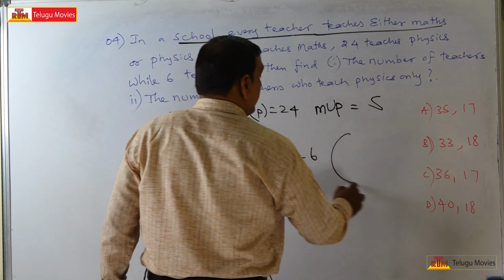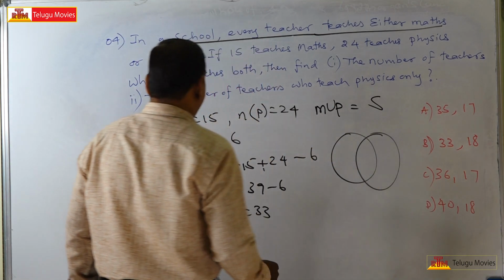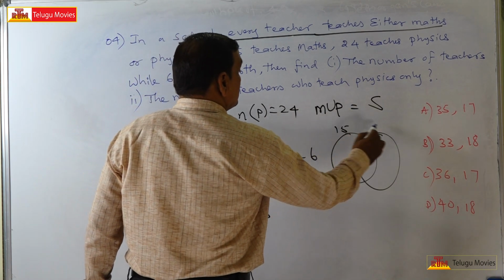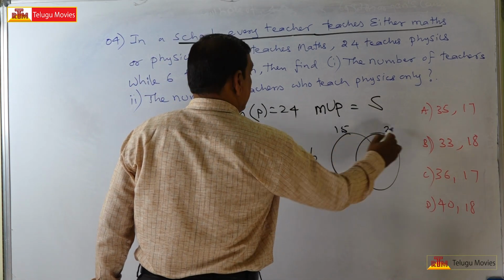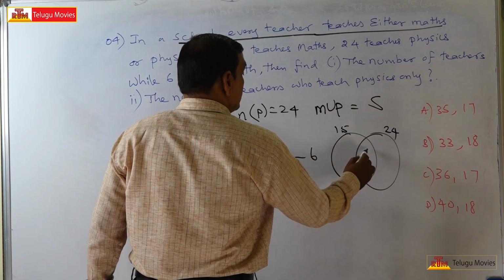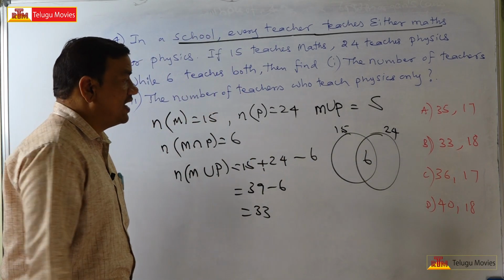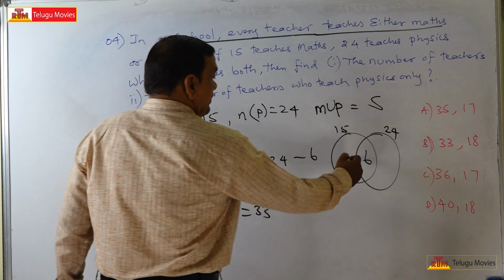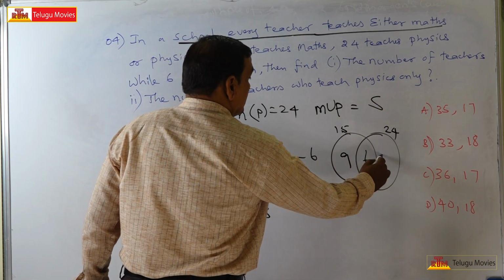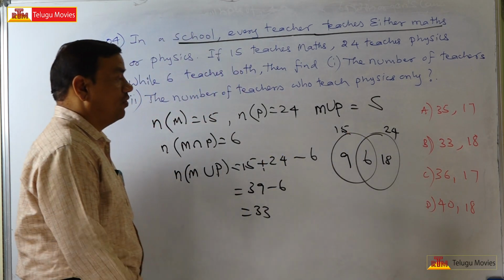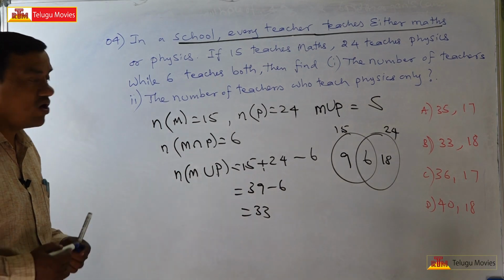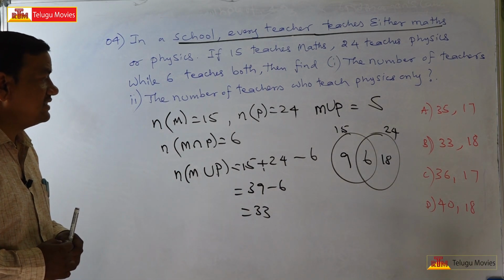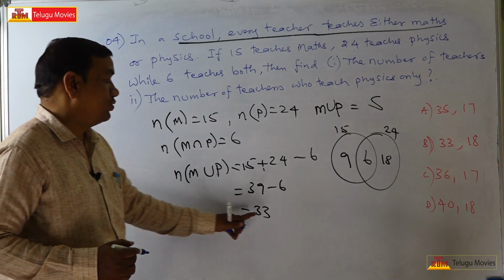If you draw the Venn diagram, this is physics and this is maths. The intersection is 6, and here you will get 9 and here you will get 18. So the total number of teachers is 9 plus 6 plus 18, that is equal to 33.